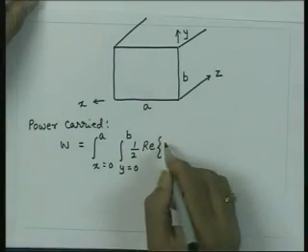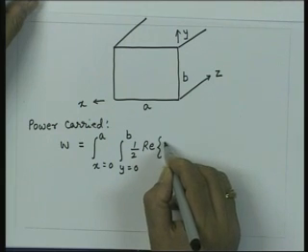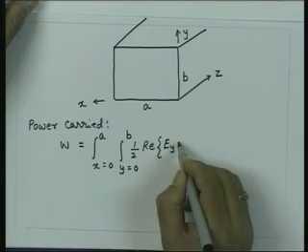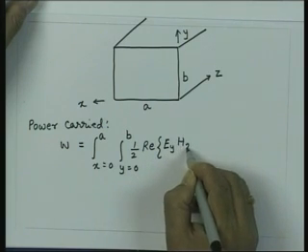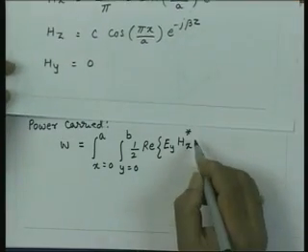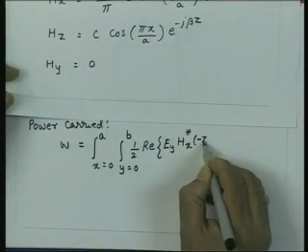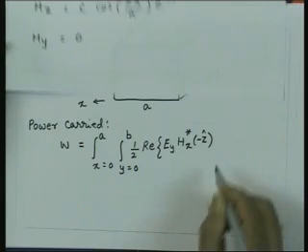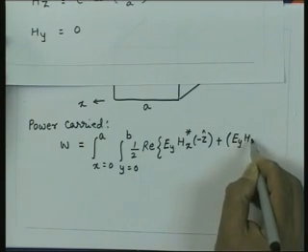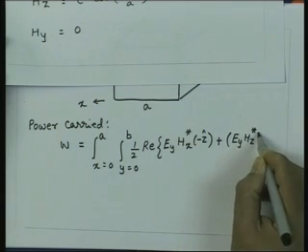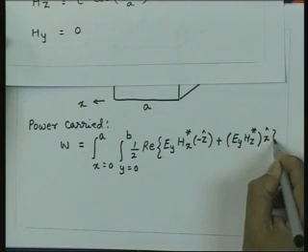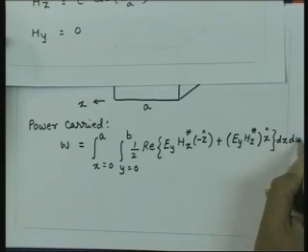So from here, real part of Ey Hx conjugate gives me the power flow in the minus z direction, plus I have Ey Hz conjugate, that gives me the power flow in the x direction, integrate dx dy.